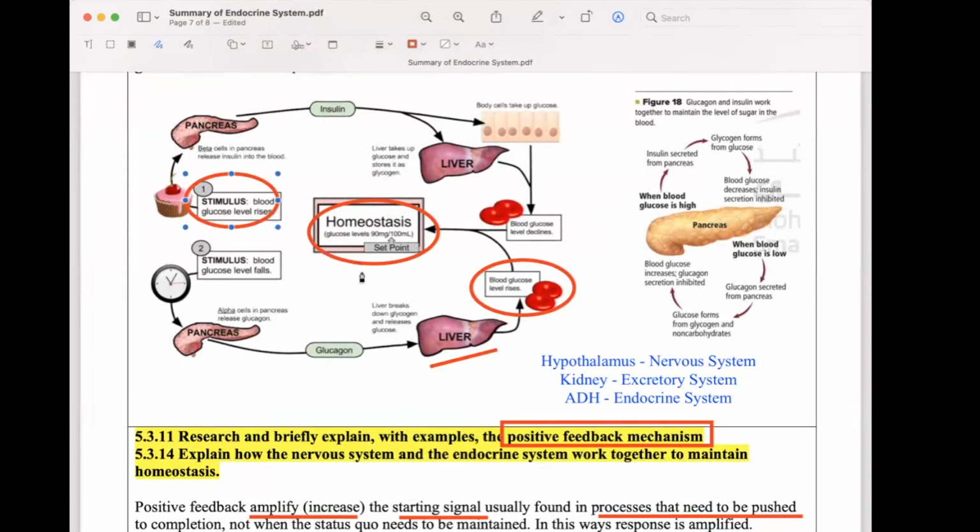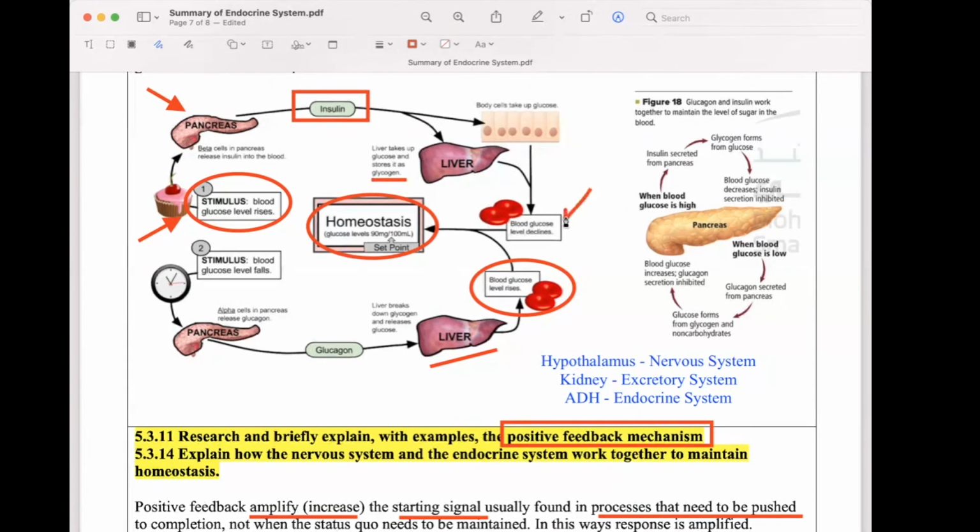After there is a change in the set point, the stimulus is detected, and the stimulus says that the blood glucose level rises. When the blood glucose level rises, the message goes to the pancreas. Pancreas releases insulin. Insulin is a hormone, and this hormone converts the blood glucose into glycogen, which is stored in the liver, and thus the blood glucose level decreases.